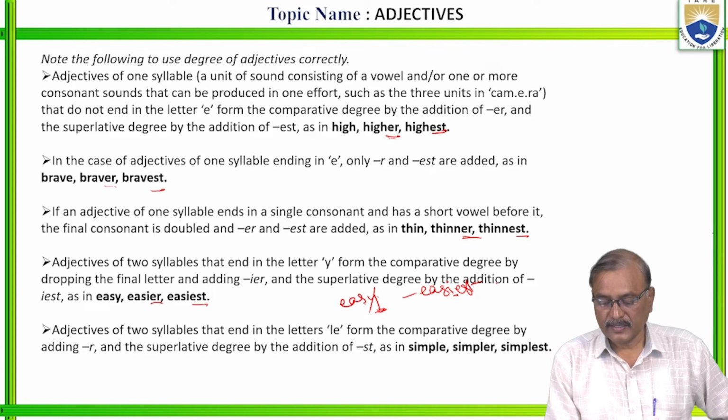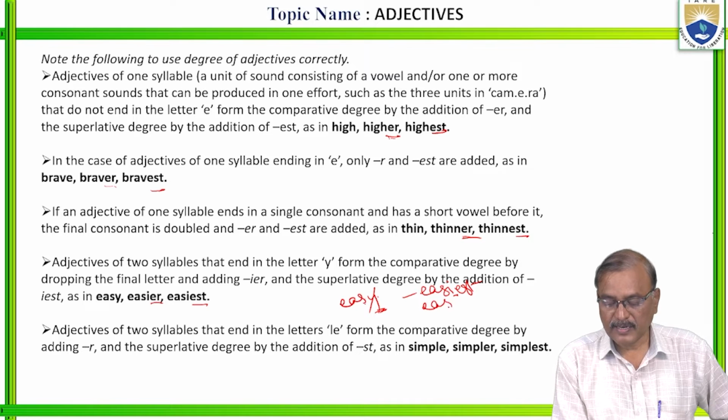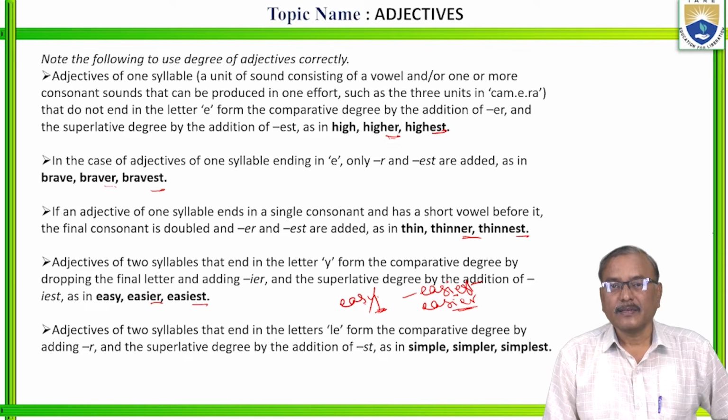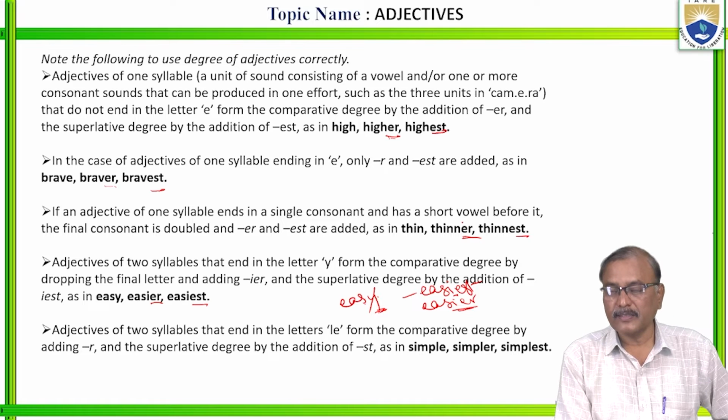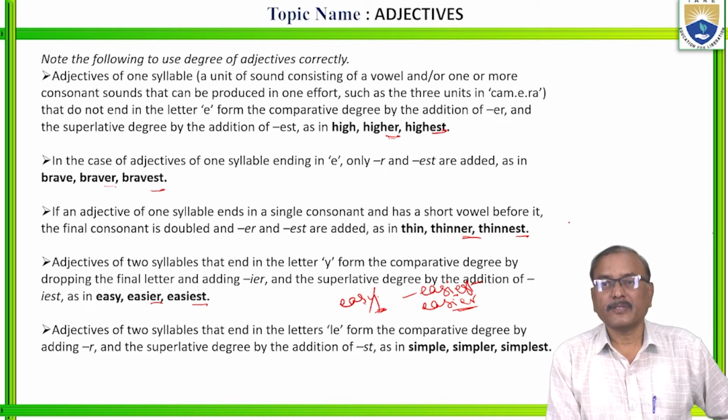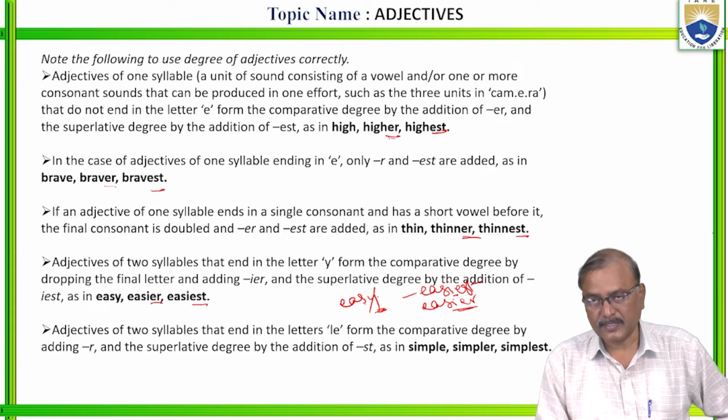Right? Easier. Like that. You know this comes under the spelling rule. But remember, as a common rule, by adding ER, EST, we are making them into comparative and superlative degrees.